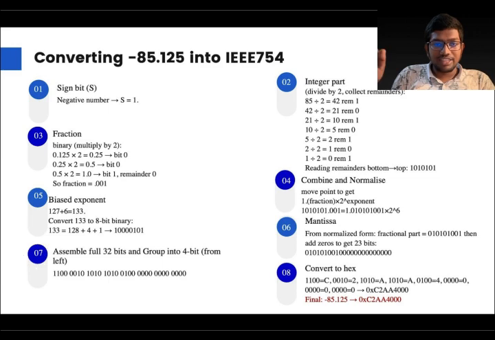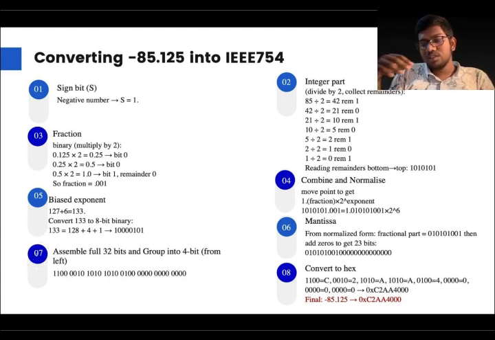After the 1 sign bit, we write the exponent. The exponent is 10000101. Then we write the mantissa part, 010101001, and then zeros until we get 23 bits.